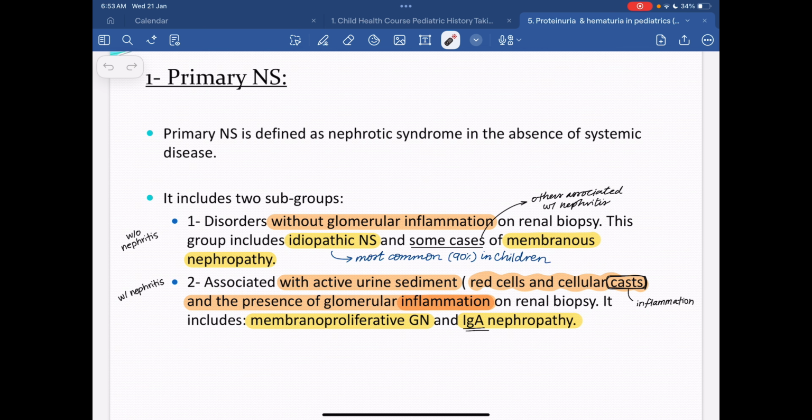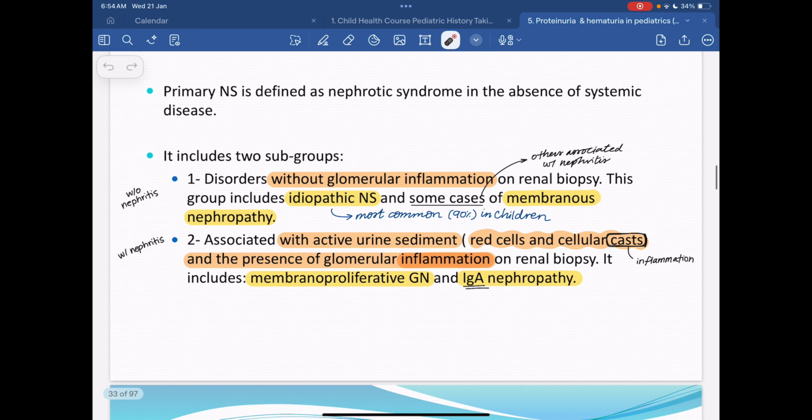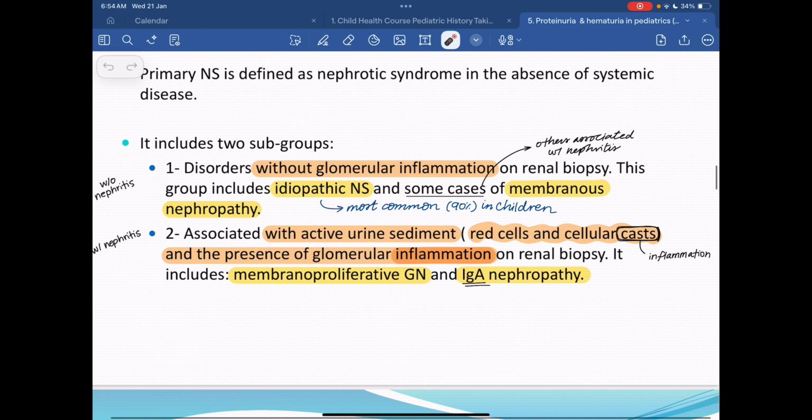This group includes idiopathic nephrotic syndrome and some cases of membranous nephropathy. ممكن يكون عندنا nephrotic syndrome with nephritis, meaning we have inflammation, فمعناته عندنا active urine sediment as a result of this inflammation in the form of casts, whether they are red cell casts or cellular casts.